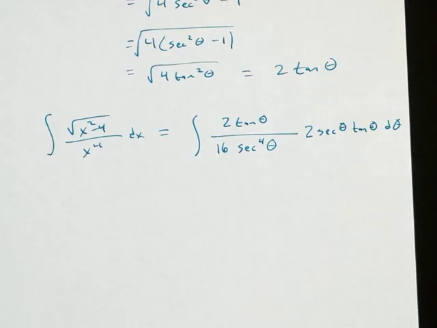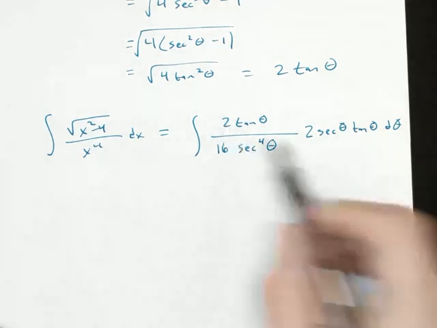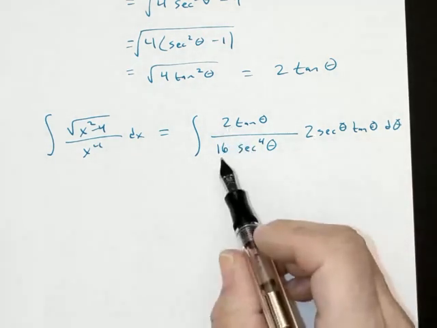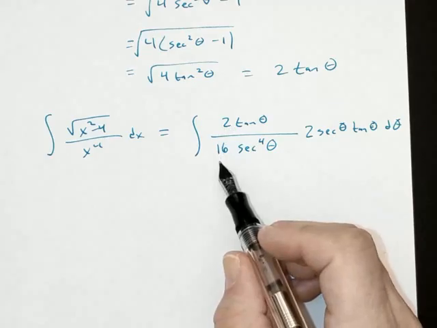Now, I will say that I really am not thrilled doing integrals in secants and tangents. I much prefer doing integrals in sines and cosines. So I'm actually going to take this and try and simplify it all the way back to sines and cosines. Let's see what we can do. I've got a 2 on top. I've got another 2 on top. I've got a 16 on the bottom.